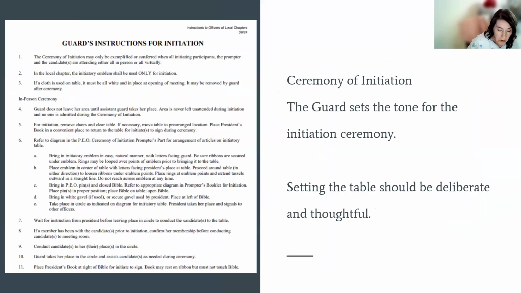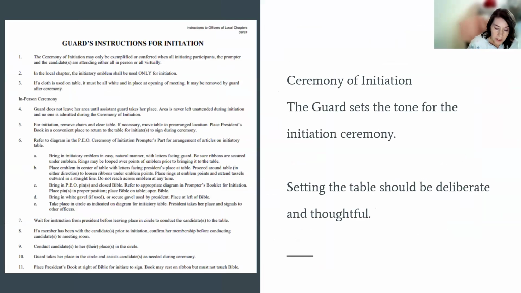So one of the most important responsibilities of the guard is her role during the ceremony of initiation. Did you know there are specific instructions to the guard for the ceremony of initiation? Those can be found on the IOLC. There are 11 steps for setting up in-person initiation. And if you happen to do a virtual ceremony, there are 5 steps.